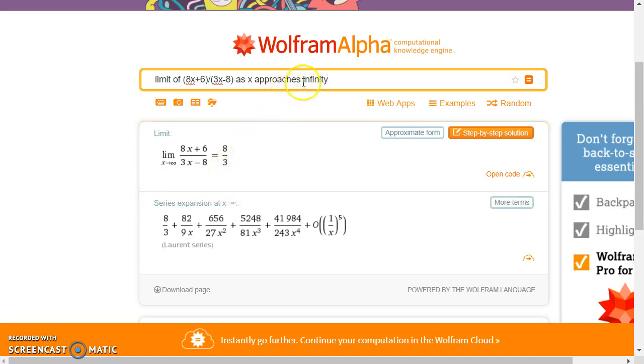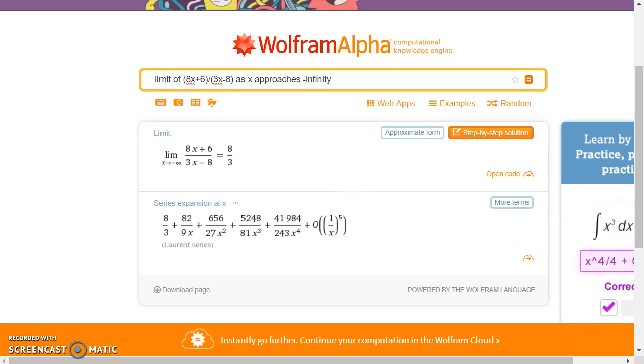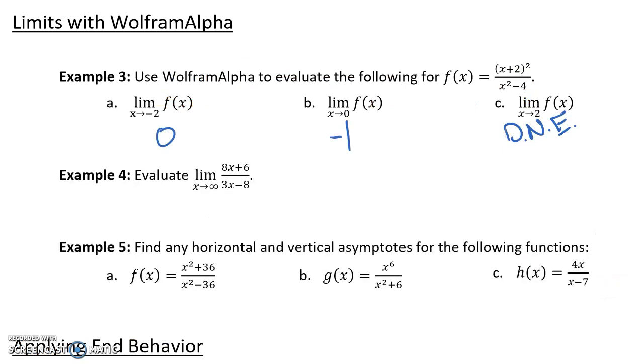Now, we're not asked in this example to find the limit as x approaches -∞, but if we were, it would simply be a matter of putting a negative sign or a dash in front of infinity. And then we could evaluate the limit as x approaches -∞, which again in this case is still 8/3. So our limit, or the end behavior on the right-hand side in this case, would be 8/3.